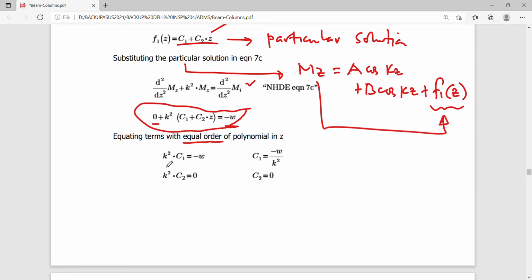Okay, so k squared times C1 is equal to negative omega. So this is now C1 equals minus omega or minus W all over k squared.